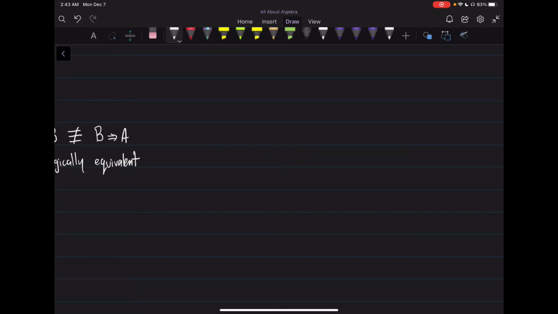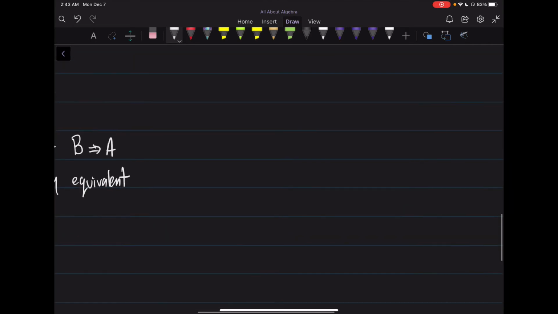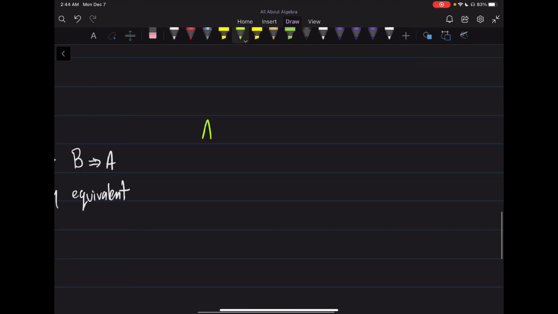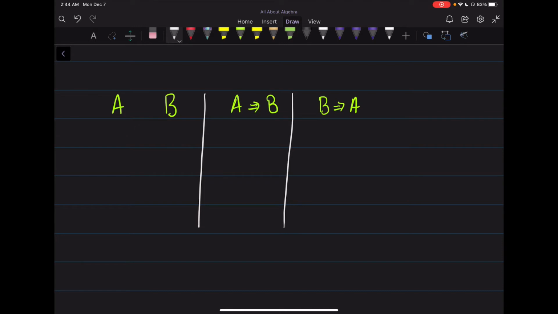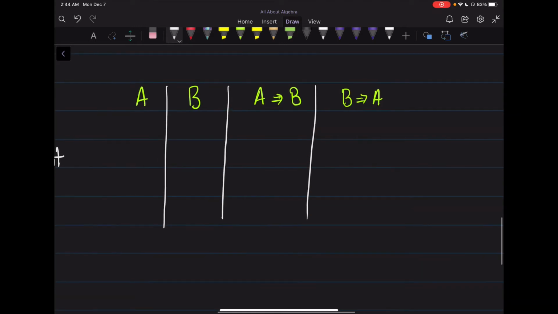Well, if we were to make a truth table, right? So if we have A, B, A implies B, and B implies A, right? So if they're the same, then the values here should be the same as the values here.